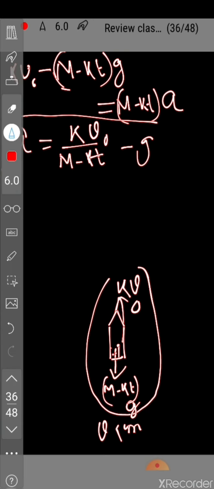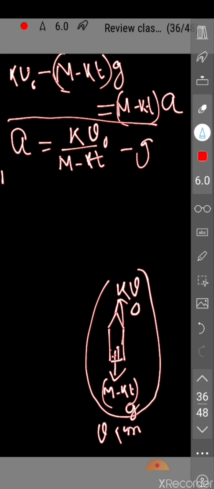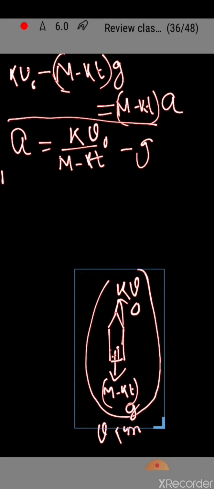From this acceleration as a function of time, I have to integrate to calculate the velocity as a function of time.